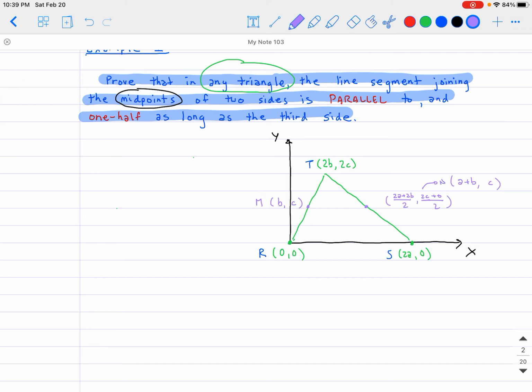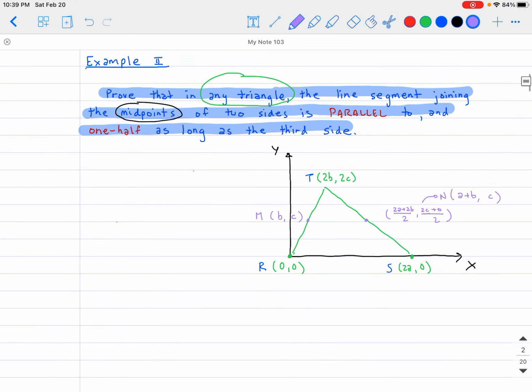All right, now that we have everything set up according to what we want, which is a triangle, calling out the midpoints because we're calling for it, let's write out what I need to show. According to this proof, I need to show the following. Number one, that MN, the line segment, is parallel to RS, the line segment, because remember, I'm trying to show that they are parallel to each other, as you can see in this picture.